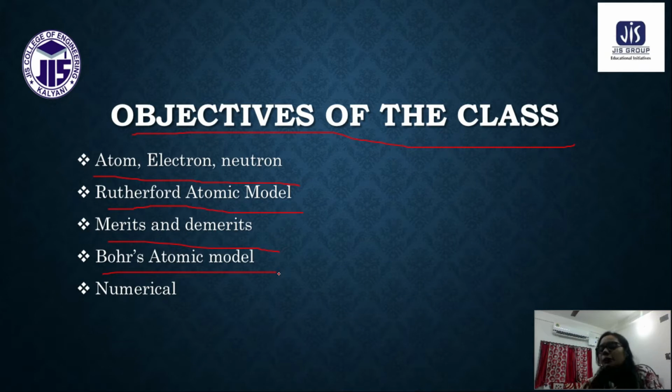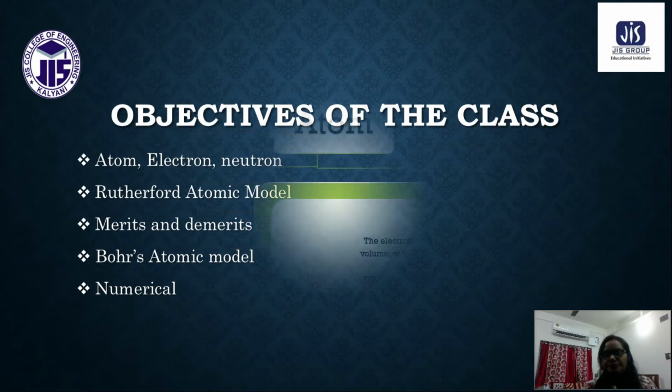In it we will derive the radius of the atoms and also the energy of the electrons. Some numericals based on the atomic radius and atomic energy we will also solve. So these are all today's objectives of the class.